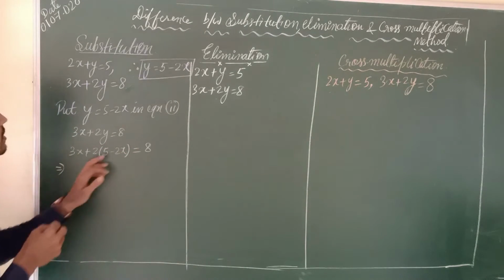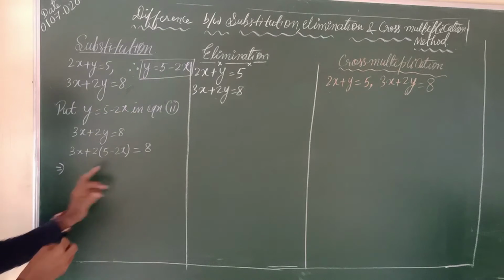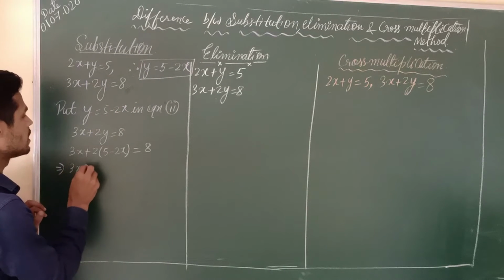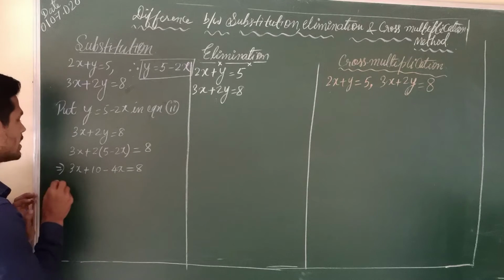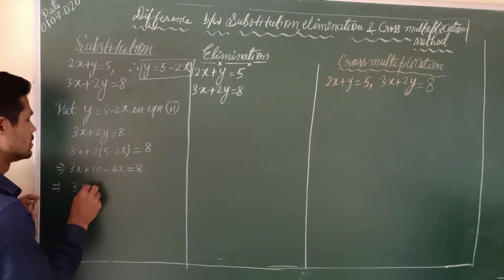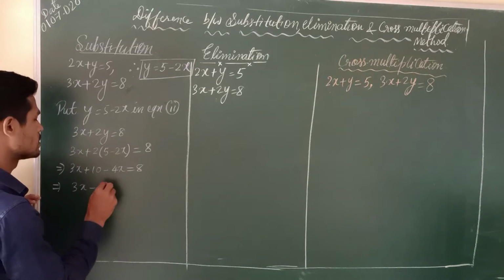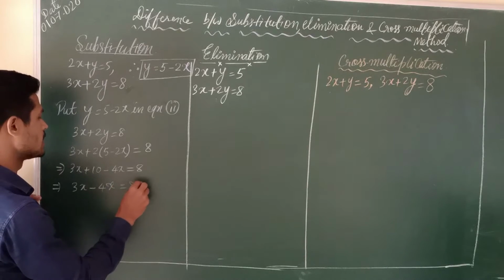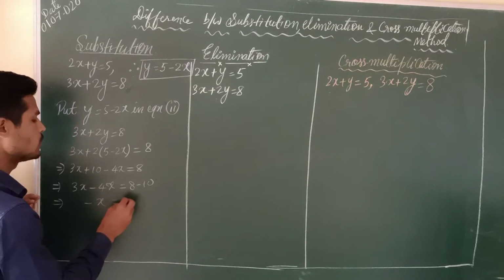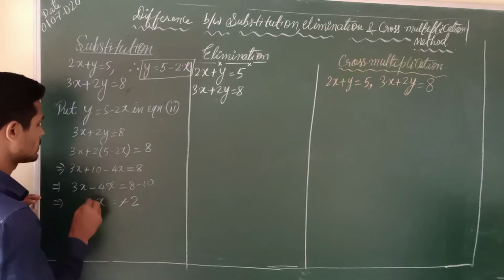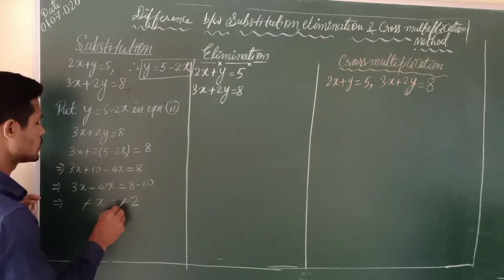We have put here the value of y, that is 5 minus 2x. See here, 3x plus 10 minus 4x equal to 8, or 3x minus 4x equal to 8 minus 10, that is minus x equal to minus 2. Minus cancels, so we get x equal to 2.